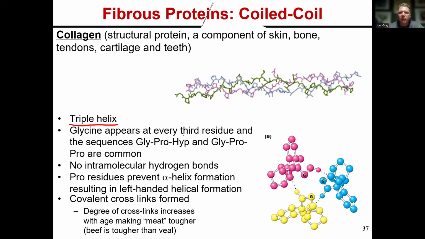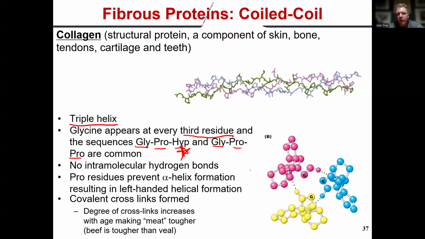Glycine appears at every third residue, and the sequence pattern of glycine, proline, hydroxyproline, and glycine, proline are common. Hydroxyproline is a post-translationally modified form of proline.